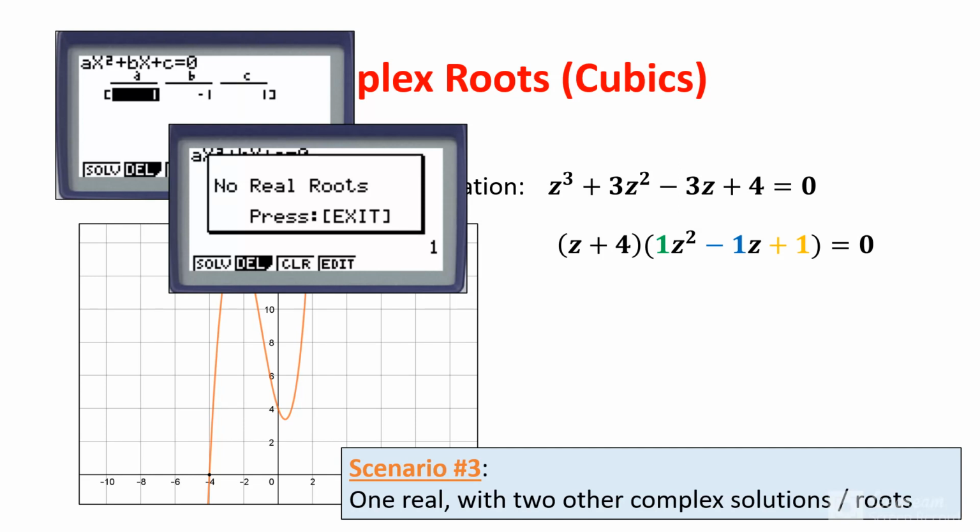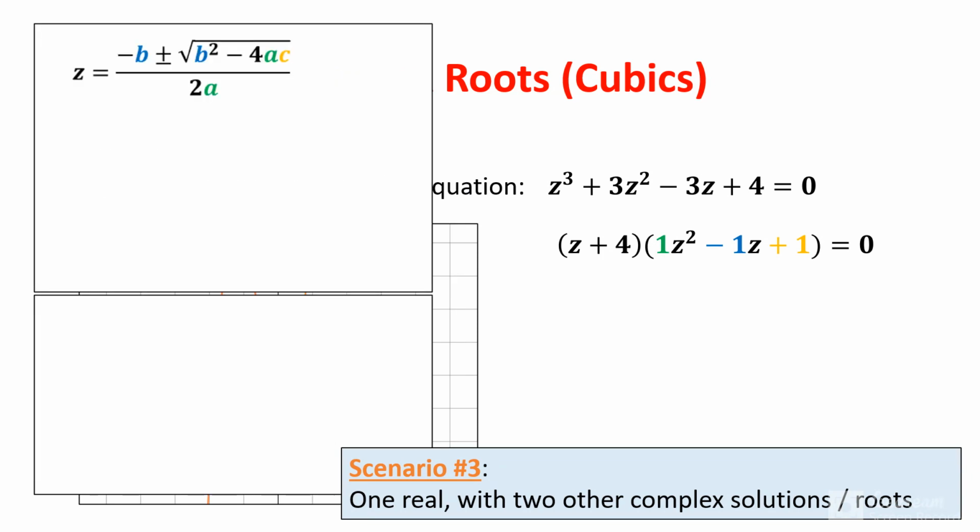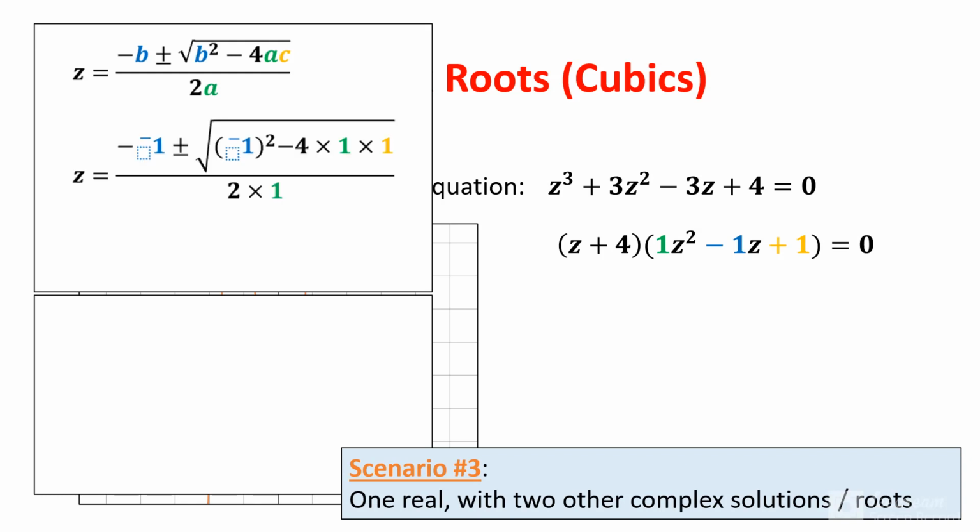So we're going to have to step back using the quadratic formula once more. Notice I've replaced x with z once more, and we're going to replace the a's with 1, b's with negative 1, and c's with 1. And we're going to simplify it down to z is equal to 1 plus or minus the square root of negative 3, all divided by 2.